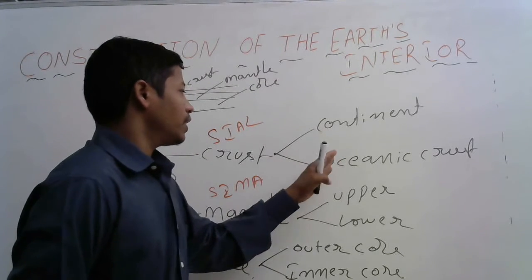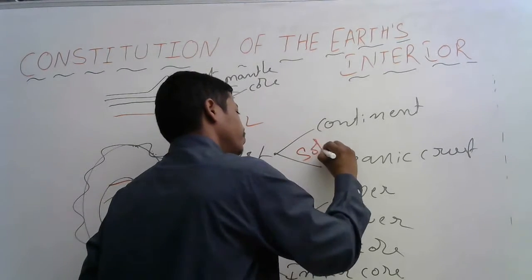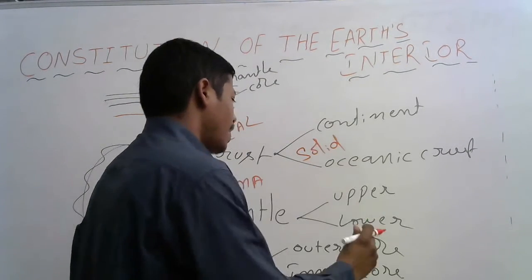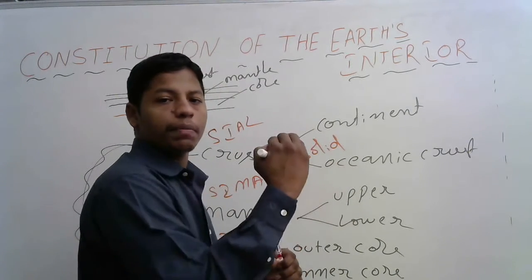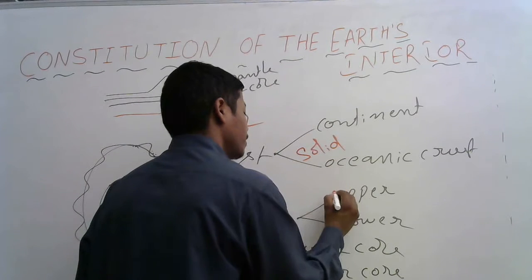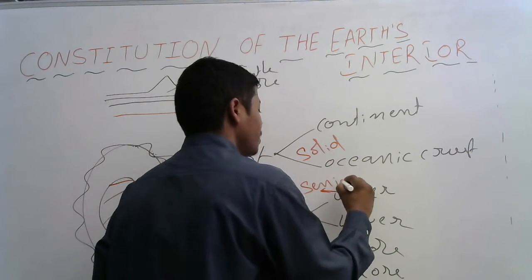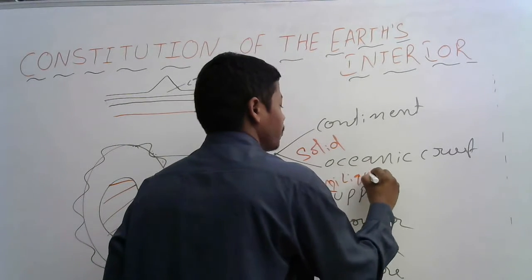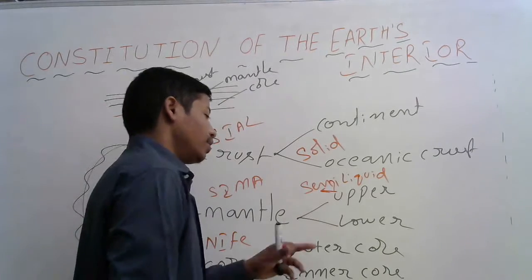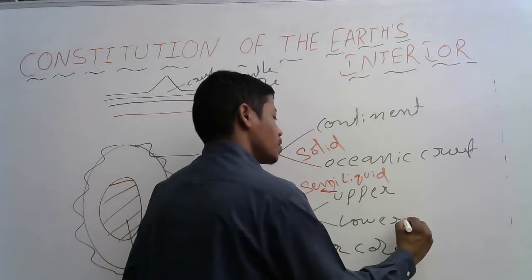Next, the continental and oceanic crust is in solid state, and part of the upper mantle is called the asthenosphere. It is in a semi-liquid state, and the lower mantle is solid.